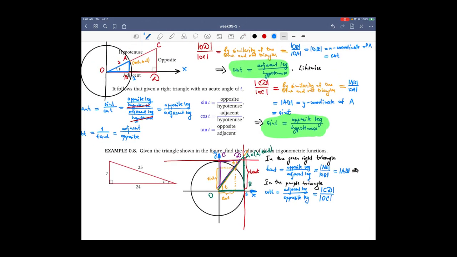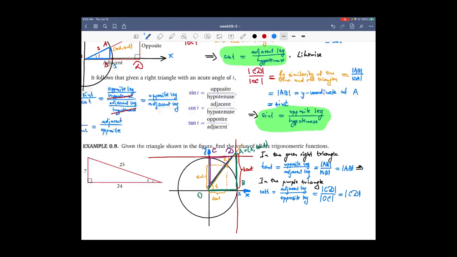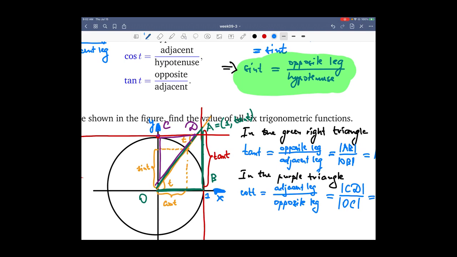But OC is 1 as a radius of the unit circle, so we simply get CD. And so this distance here, CD, is cotangent T.